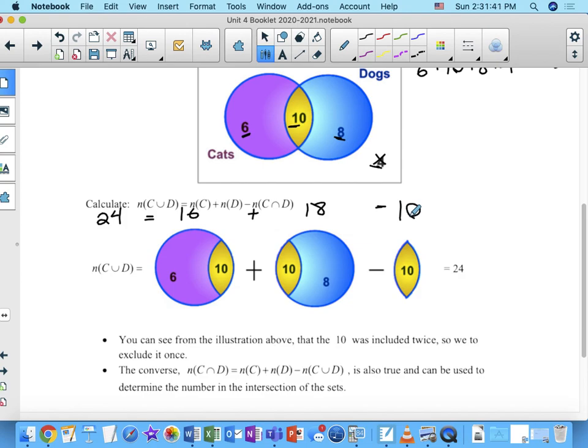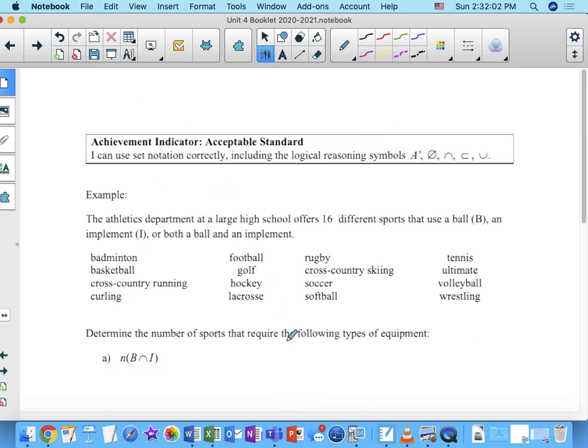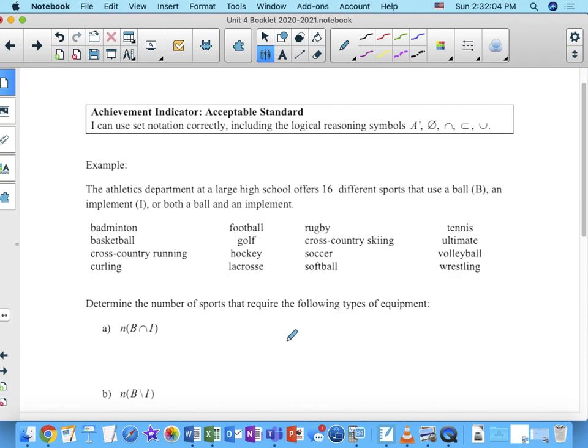Okay? Now, if you have a Venn diagram in front of you, you're probably not going to use this formula because you can see very easily from the regions in the Venn diagram exactly what you have to count. Okay? But this formula does exist, and occasionally you might be given some information where you might need to use this formula because you might not have a Venn diagram, right?